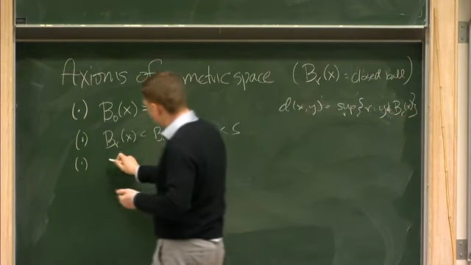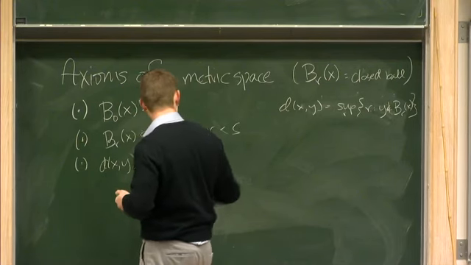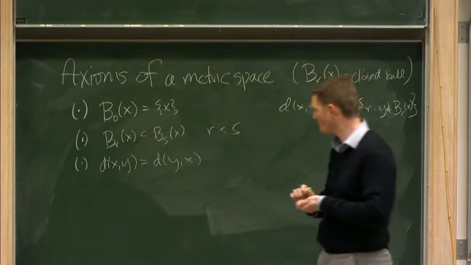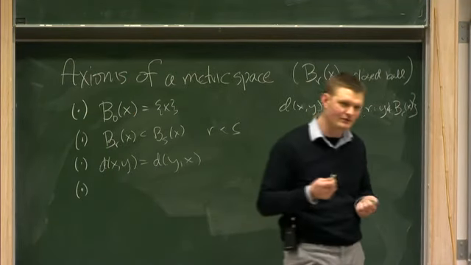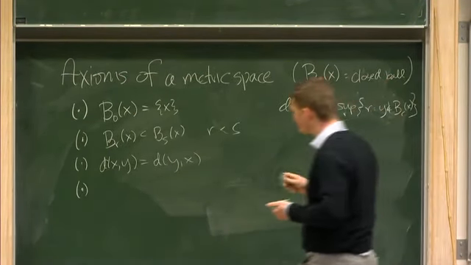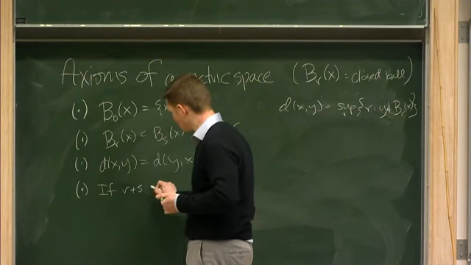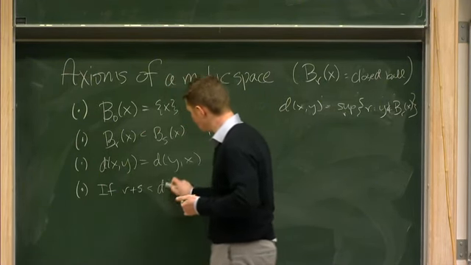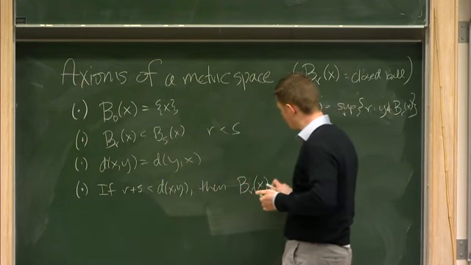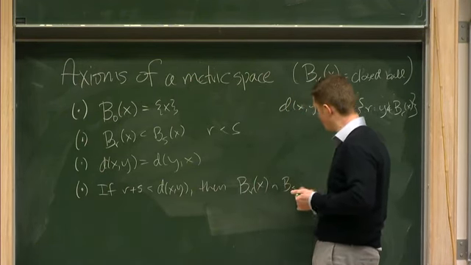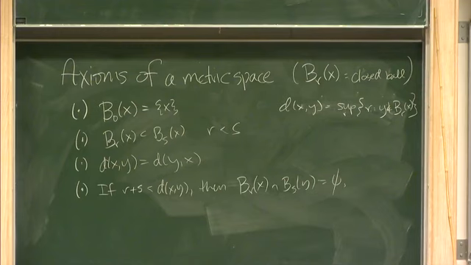So the symmetry axiom using that shorthand is just what it is for a regular metric space. And then the triangle inequality, you write in a little bit different way that we're going to use. So if r plus s are real numbers less than the distance from x to y, then the ball of radius r centered at x, and the ball of radius s centered at y are disjoint. So that's the triangle inequality.